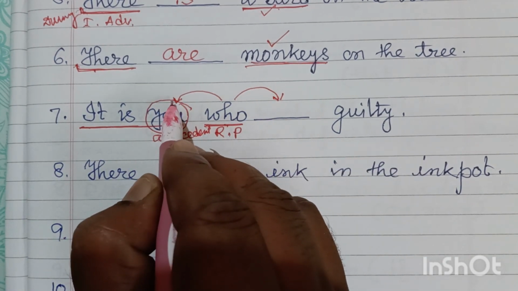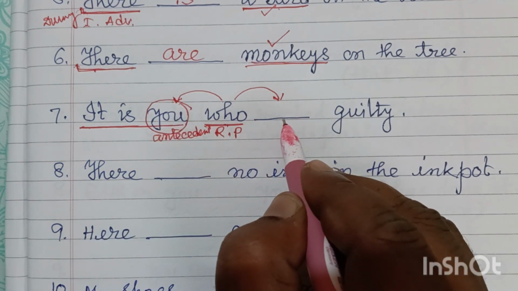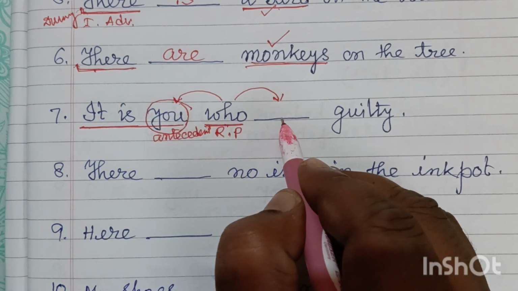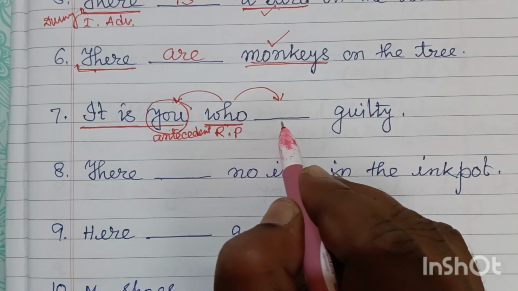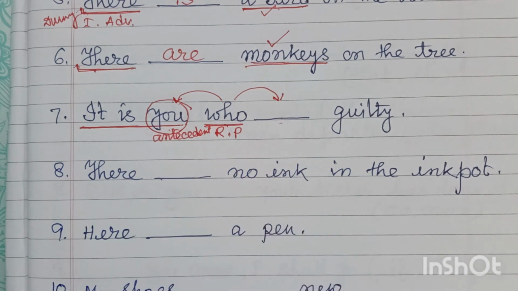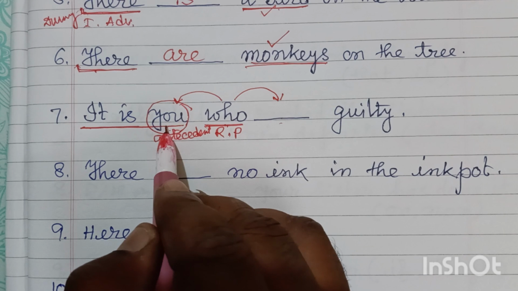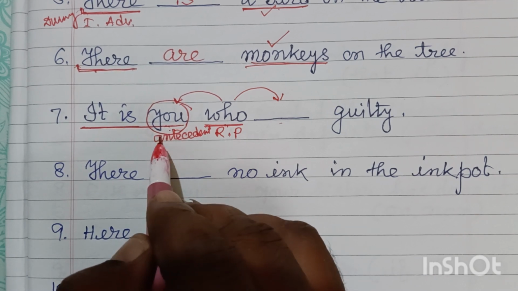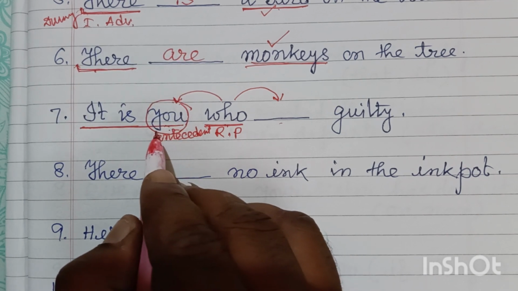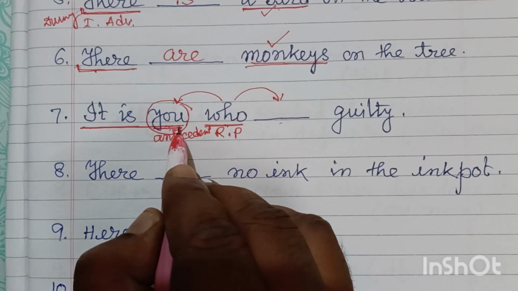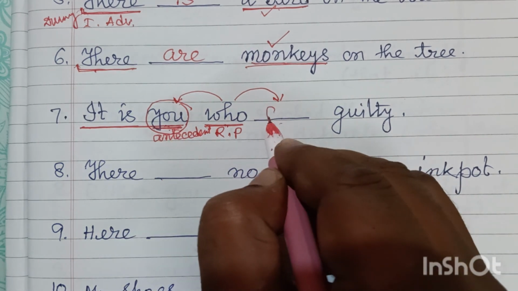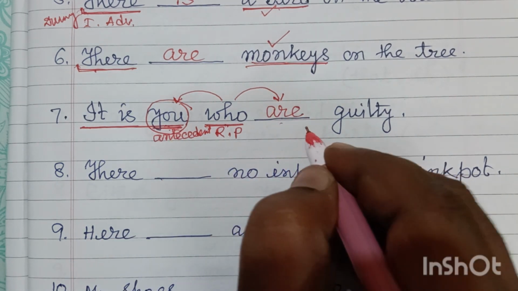If the antecedent is singular, we have to use a singular verb. If it is plural, we have to use a plural verb. My dear friends, you can be used as singular or plural, but it always functions like a plural subject. That's why we have to use a plural verb here.